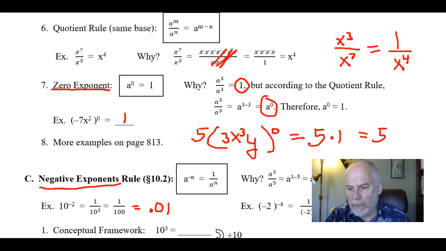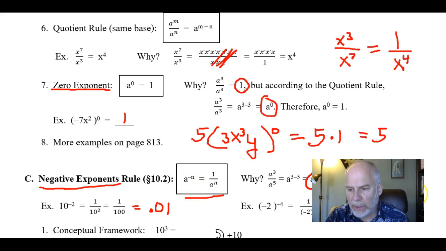Well, some a's cancel, and you end up with 1 over a times a, or 1 over a squared. Now we started with the same thing, a to the third over a to the fifth, and doing it with the quotient rule, we got a to the negative 2, but doing it with cancellation, we got this. So doesn't that show that a to the negative 2 power would equal 1 over a to the positive 2 power? Which is exactly what the rule over here is saying.